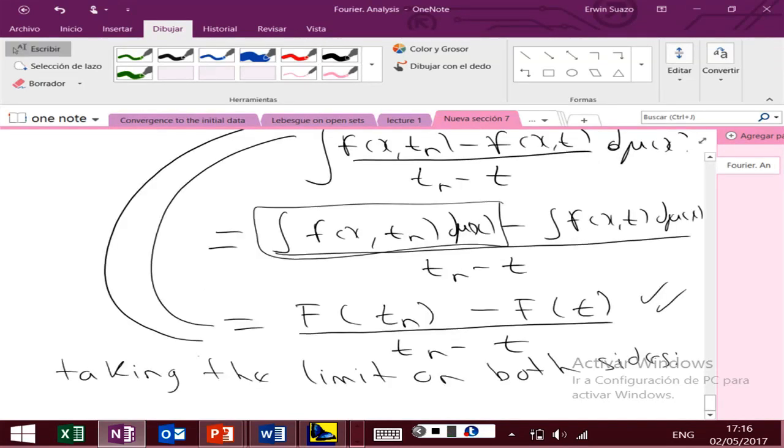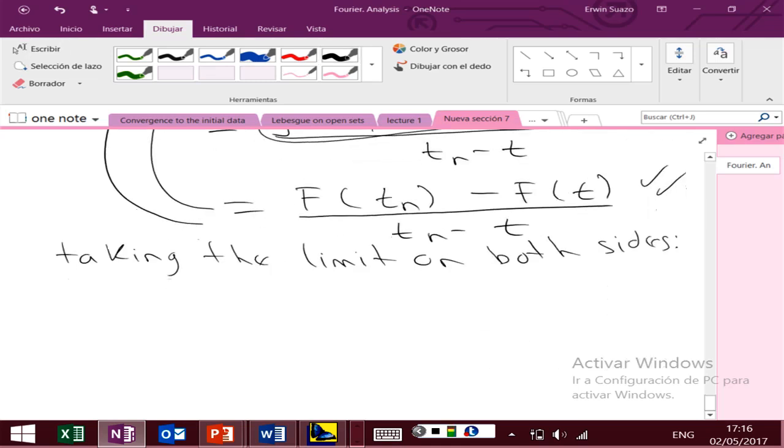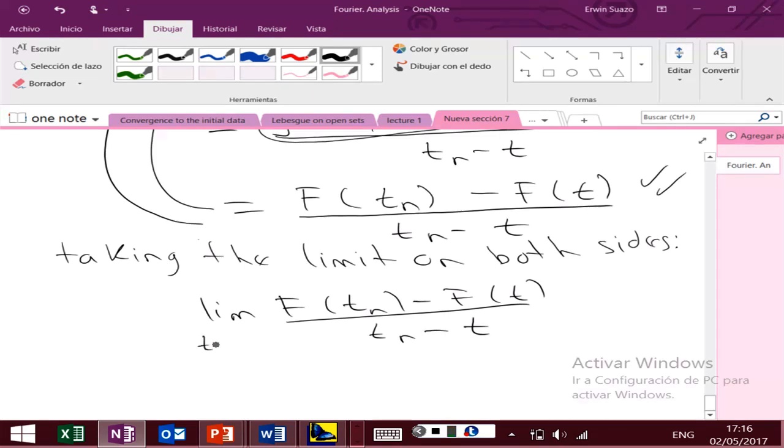So we take the limit outside, and we'll get the following. We'll get the limit of f t sub n minus f of t over t sub n minus t, where t sub n goes to t, right?